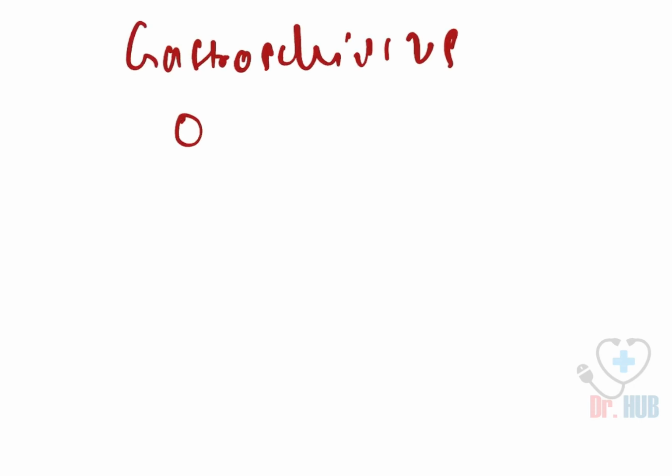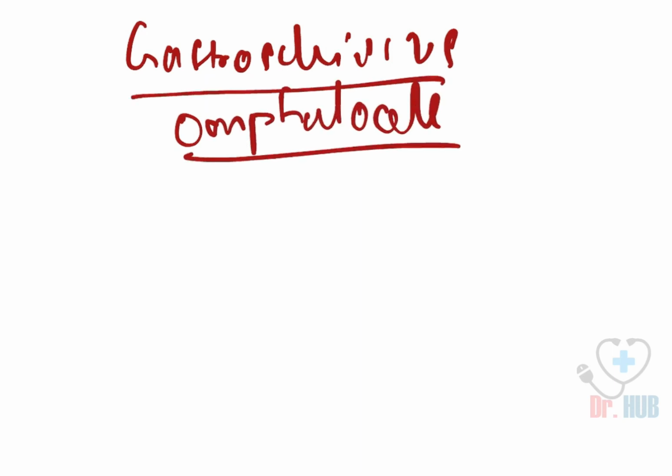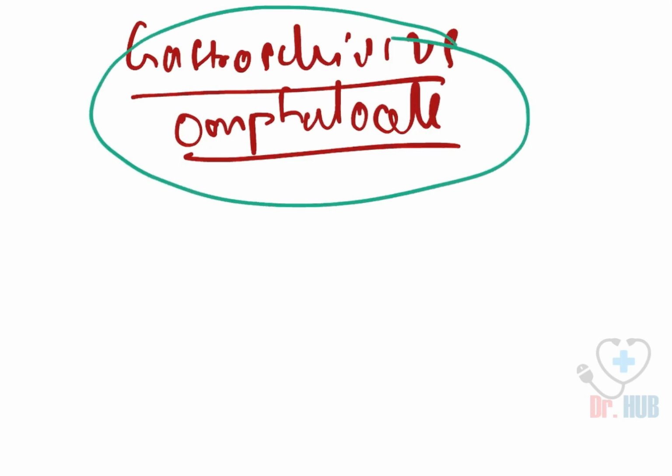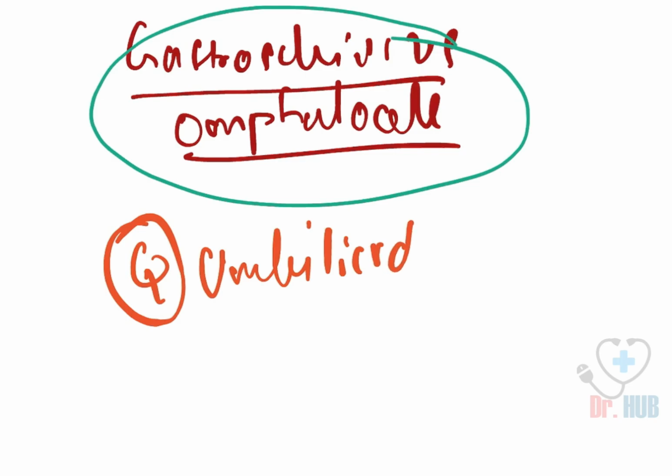Gastroschisis versus Omphalocele. We'll be looking at some important characteristic findings of both and differentiating them. To start off, a few questions. First, how is the umbilical cord in both of them, that is gastroschisis as well as the Omphalocele?